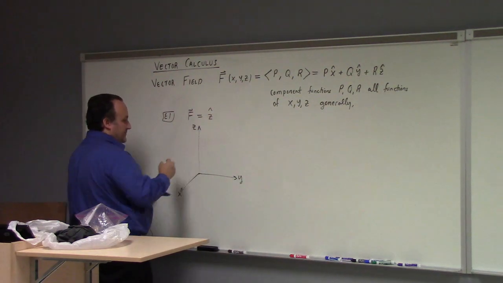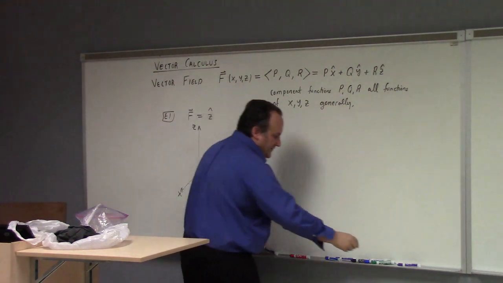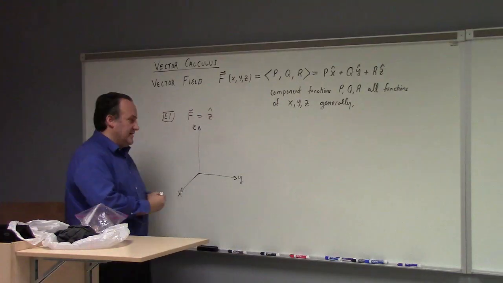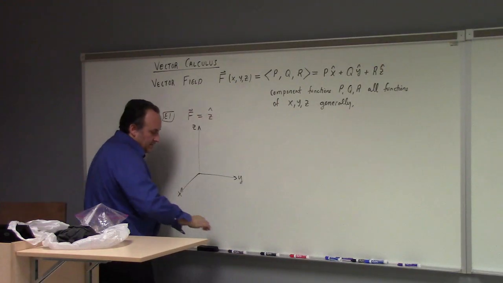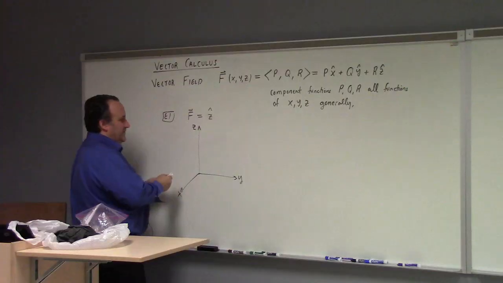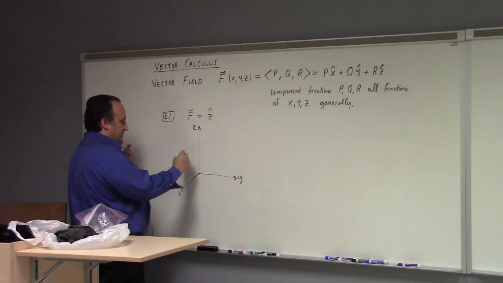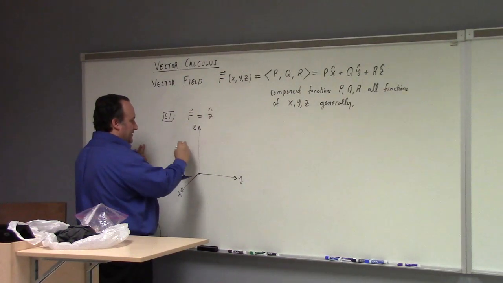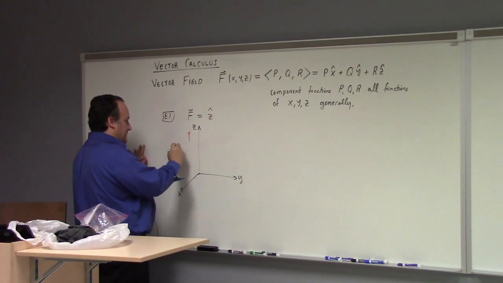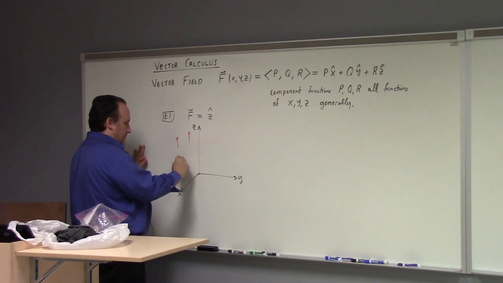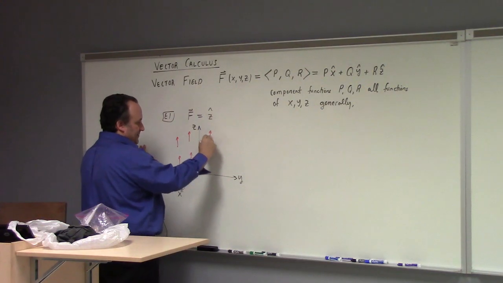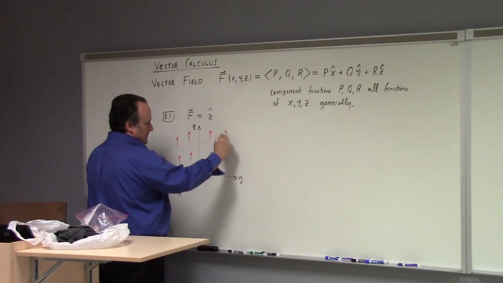So how do you visualize a vector field? That's really the question I'm asking. There are various strategies, but one is to make a grid of points and just illustrate the vector by plotting it in 3D.